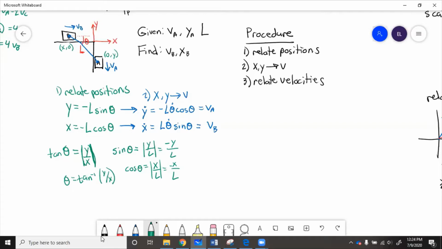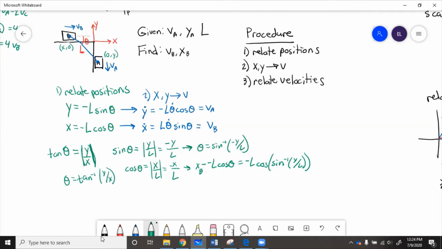Okay, so using this, we can use y to get theta. Theta equals sine inverse of negative y over L. Plug that in here. X equals negative L cos theta equals negative L cosine of sine inverse y over L. So that looks kind of overly complicated, but you just type it into a calculator, you get x. It's xb.